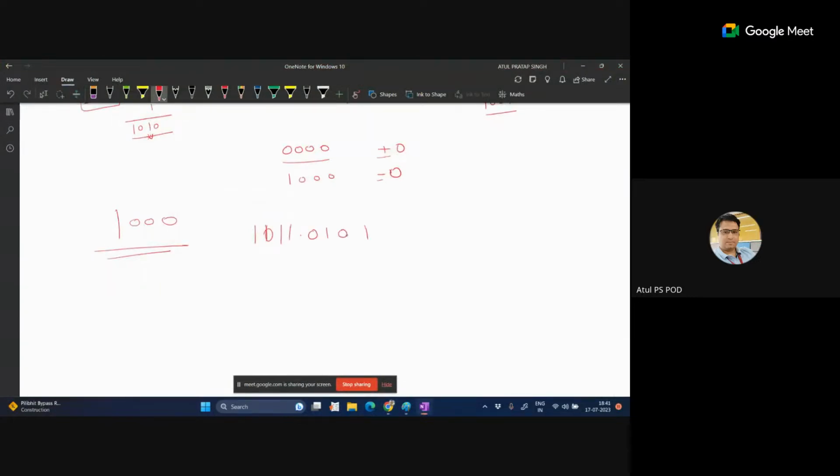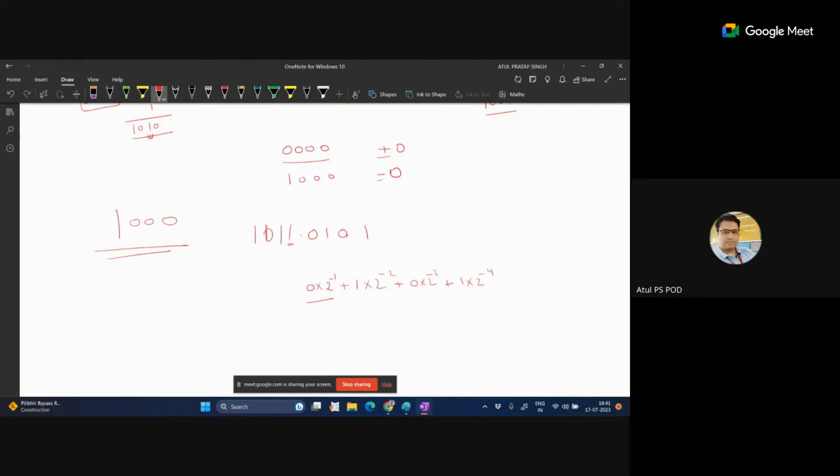So this part is 0 into 2 to the power minus 1, plus 1 into 2 to the power minus 2, plus 0 into 2 to the power minus 3, plus 1 into 2 to the power minus 4. But we don't start from 2 raised to power 0 after the point, since we have already taken 0 for the positive side. Oh, okay, I got you.